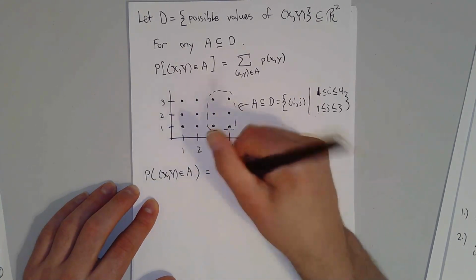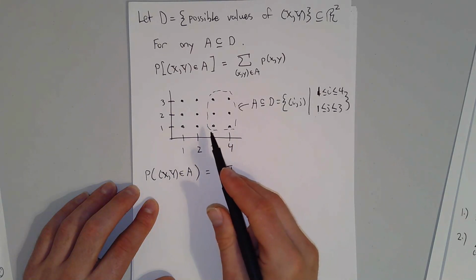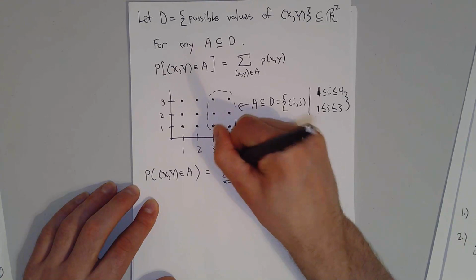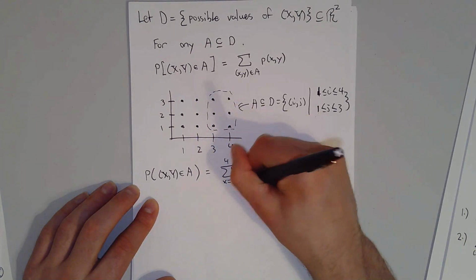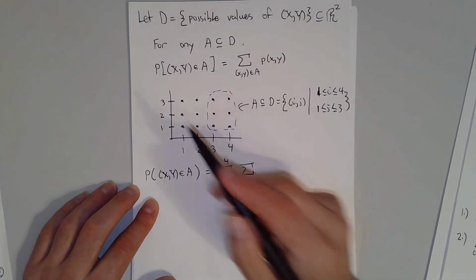Well, in this case, if we look at what's circled, x runs from 3 to 4. And these circled points are also all the points y that run from 1 to 3.